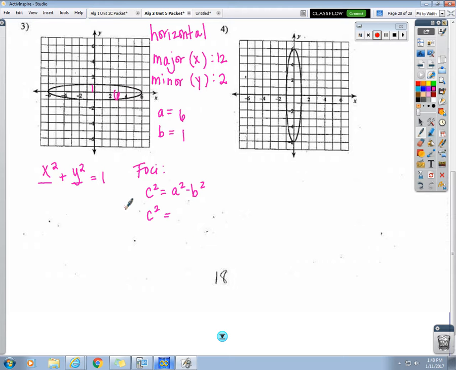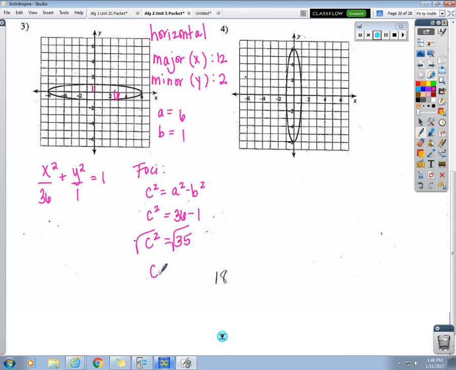Okay, so now under the x, we need to put 6 squared, which is 36. And under the y, we put 1 squared, which is 1. So that's the equation of the ellipse. Now we have to do the foci. C squared equals A squared, which will be 36, minus B squared, which will be 1, gives you 35.